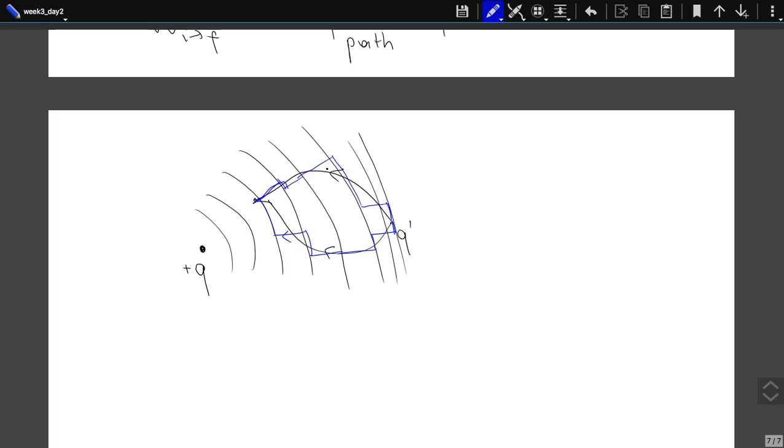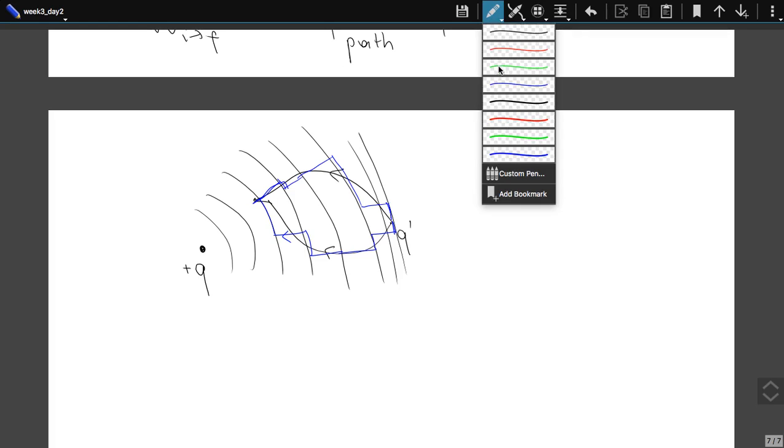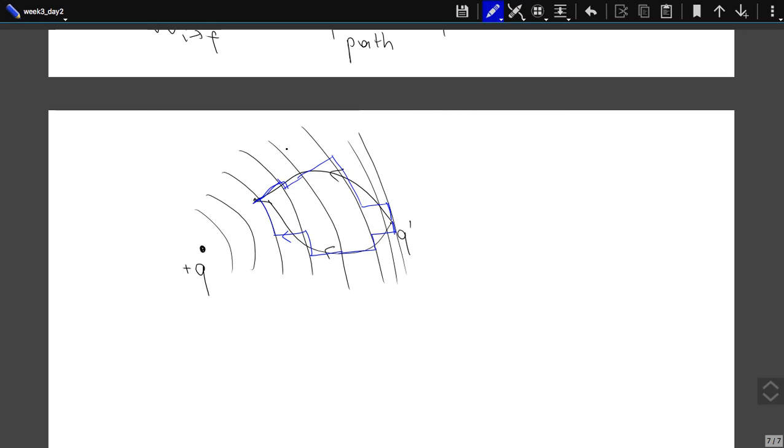Now the trick is the work done by this path and this path, these two paths, they're equal because the force depends only on the radial distance, and it's radial.